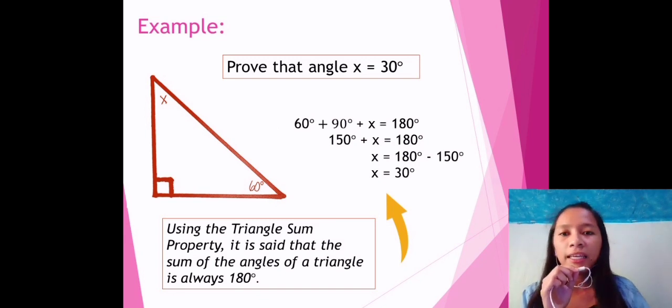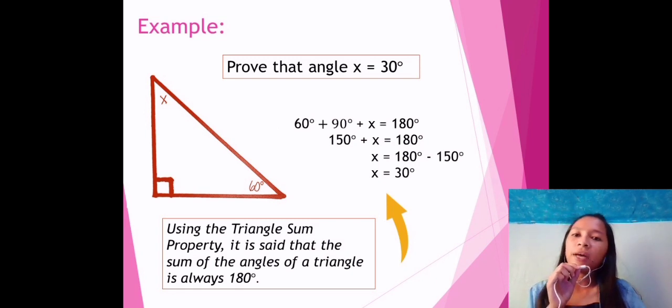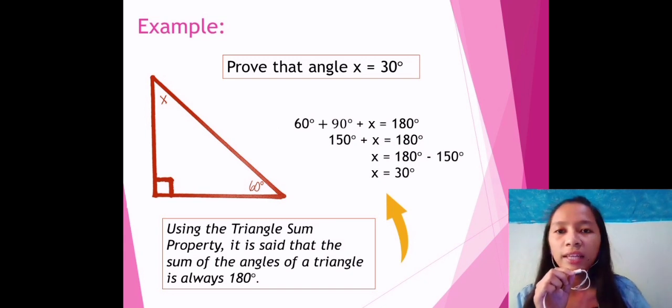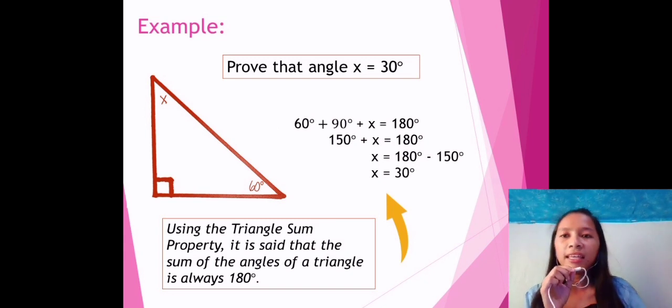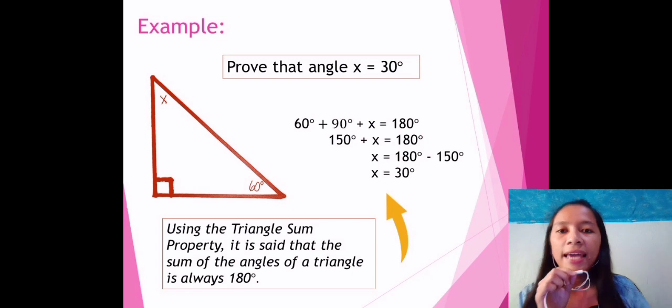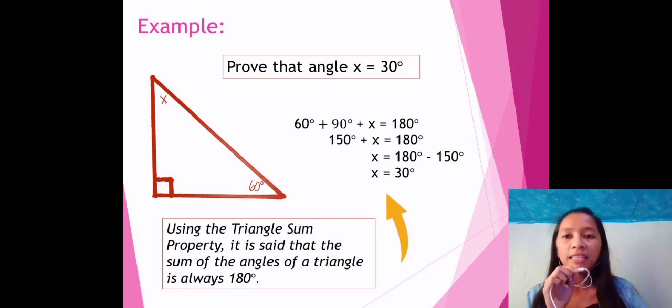Dito sa figure makikita natin na given na yung 60 degrees and then yung isang angle ay 90 degrees because it is a right triangle. Ang hinahanap natin ay yung value ng x which is dapat overall equal siya sa 180 degrees. So add natin 60 degrees plus 90 degrees is equals to 150 degrees plus x. So ito yung hinahanap natin is equal to 180 degrees.